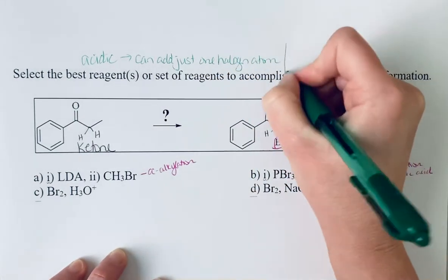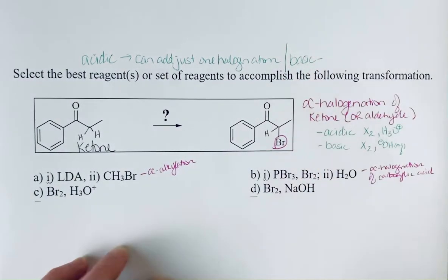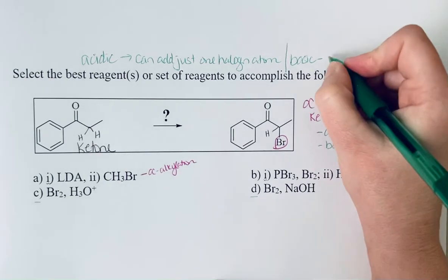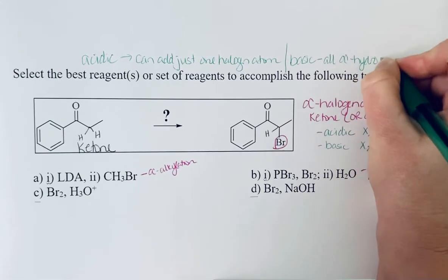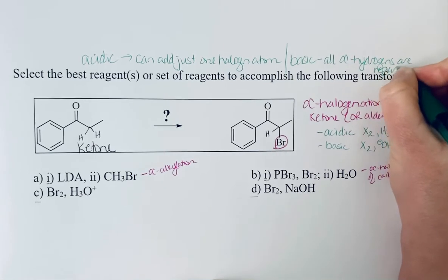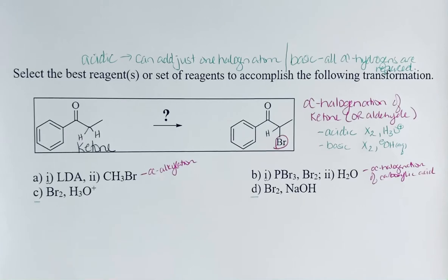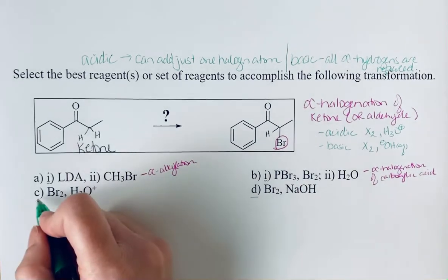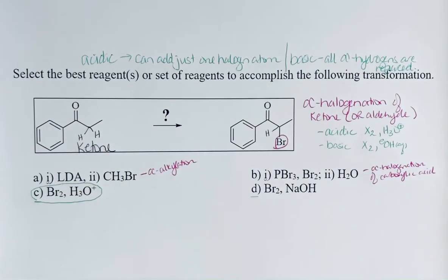Okay, under basic conditions, you can't control this reaction. You will replace all alpha hydrogens with your halogen. So with that information, then we know that C would be the best set of conditions in order to control this reaction. So this is what we're looking at. That's going to work the best.